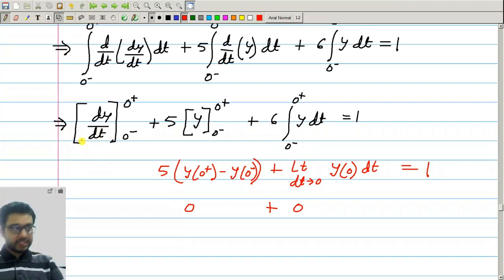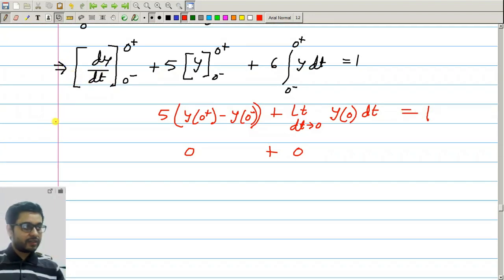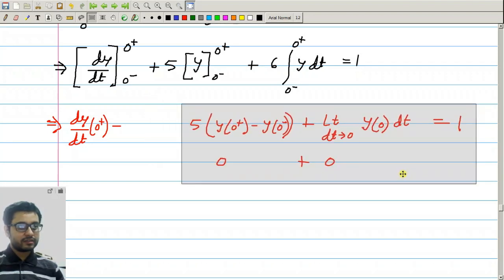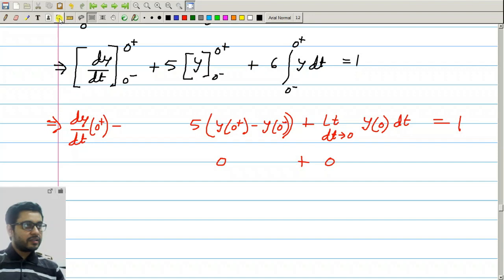And now consider the first term. The first term we will write as dy dt at 0 plus minus dy dt at 0 minus.